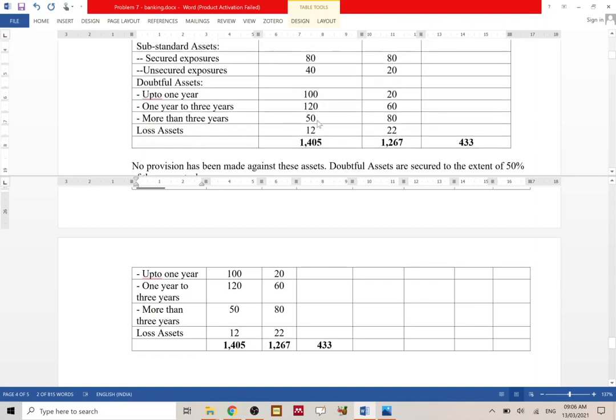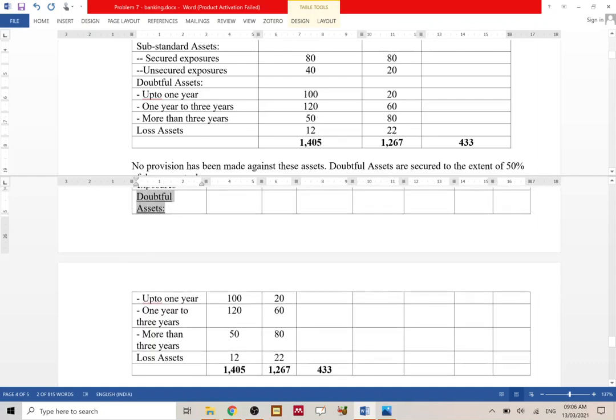That means out of 100, 50 is secured, 50 is unsecured. Same way 120, 50 is secured, 50 is unsecured. So accordingly, we're going to calculate these and bifurcate it.